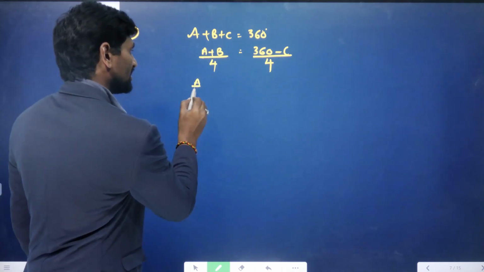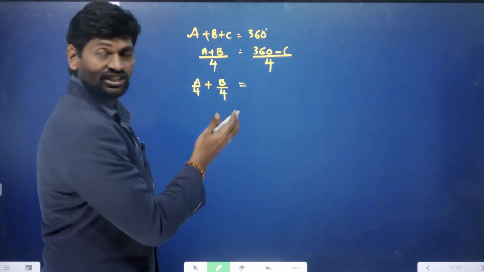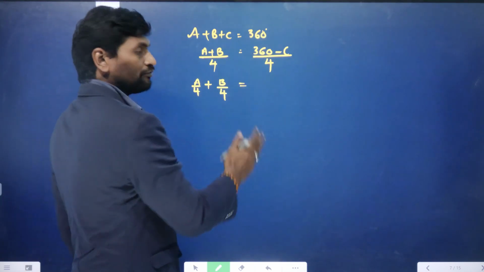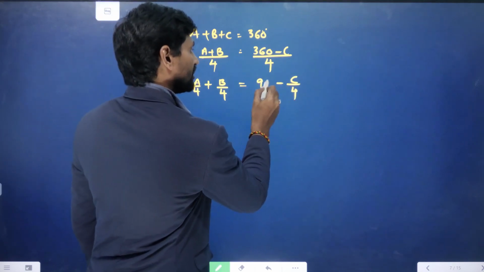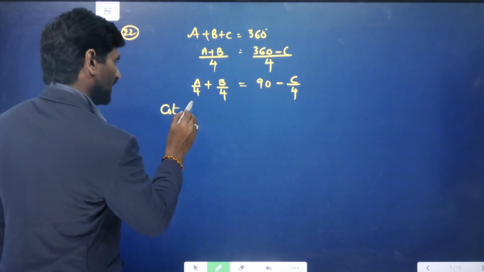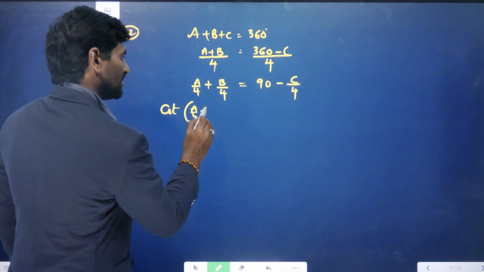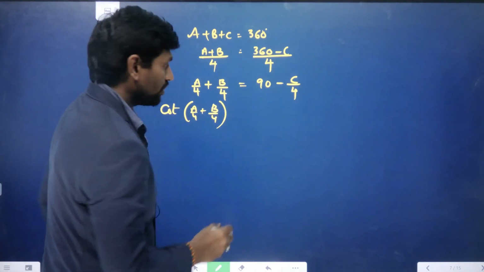This I can write separately as a by 4 and b by 4. This I am going to write as 360 by 4 and c by 4, c by 4 as it is. 360 by 4 is nothing but 90 degrees. Apply cot on both sides. Then we need to apply the cot a plus b formula.